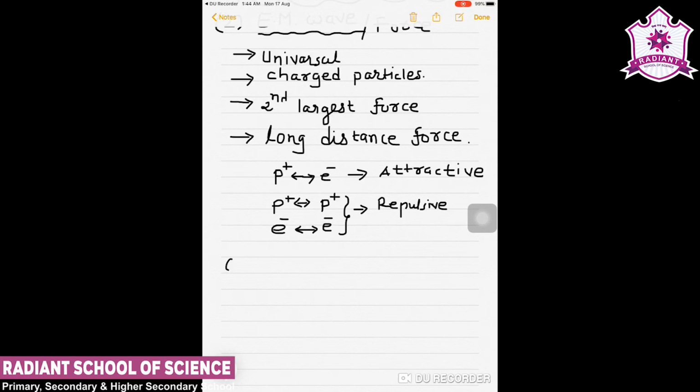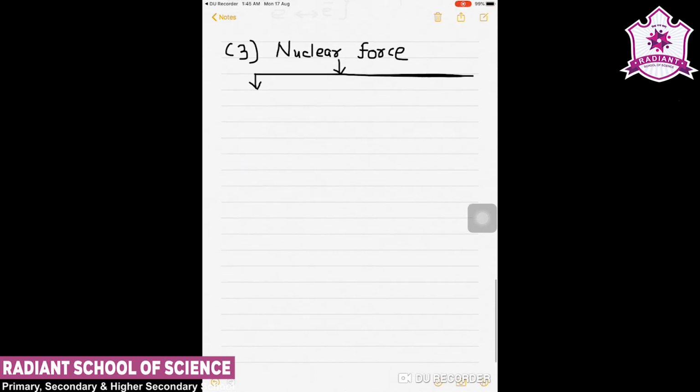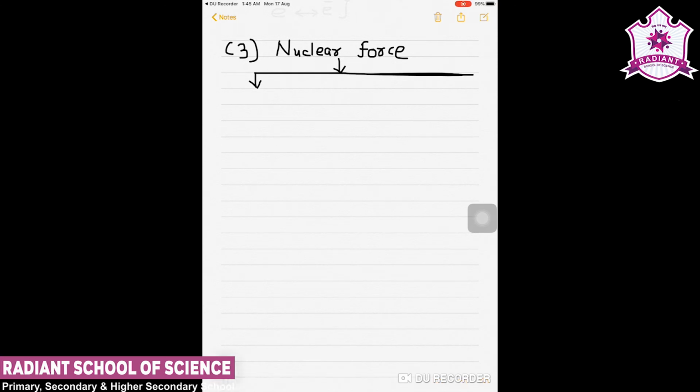Now the third force that we will understand is the nuclear force, and the nuclear force has two types. One is the weak force, and second is the strong force.